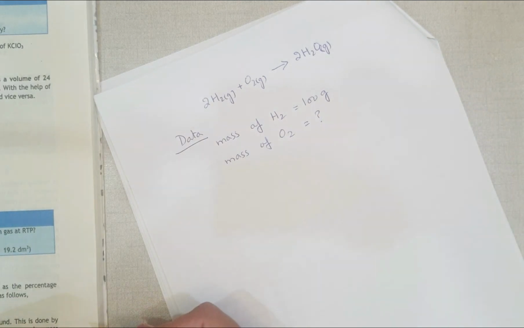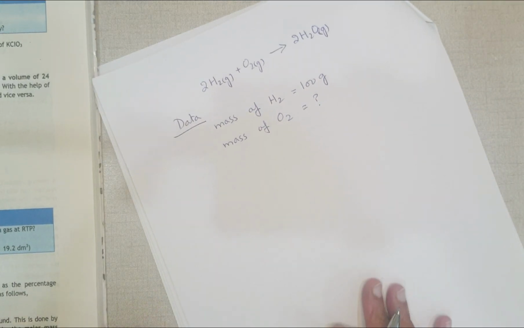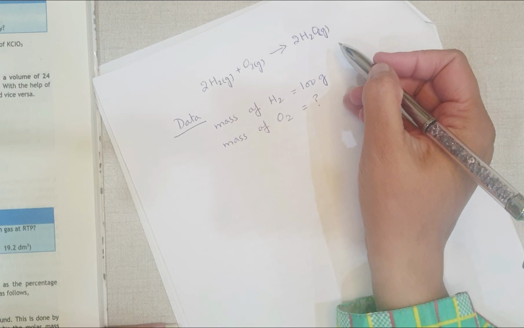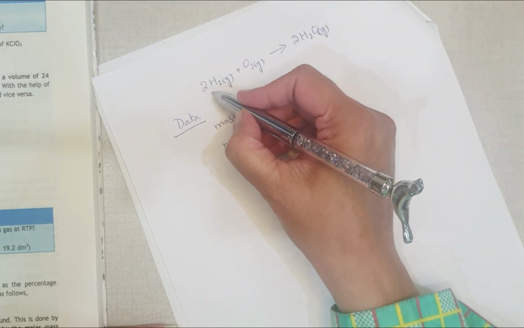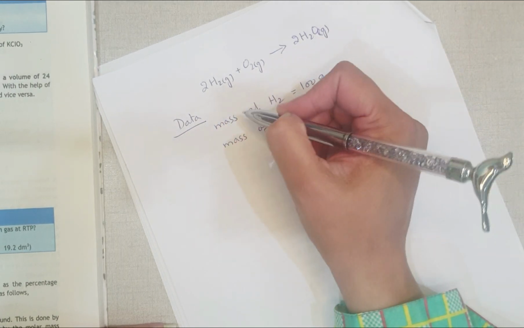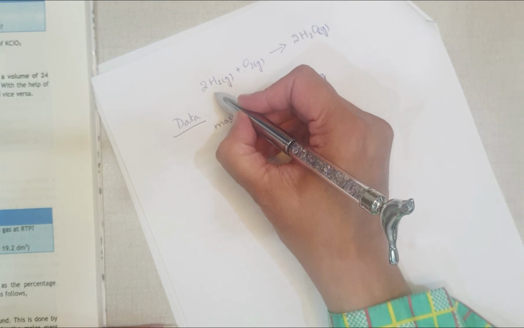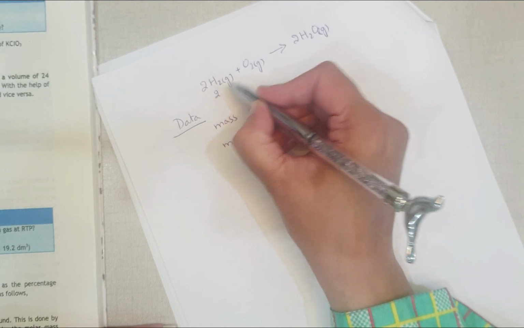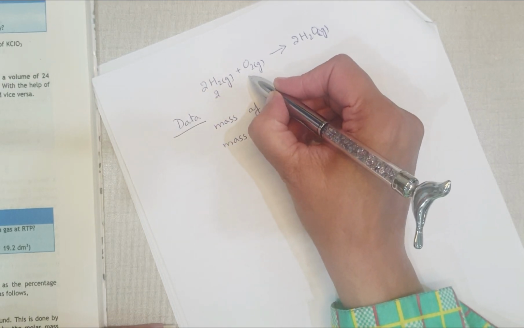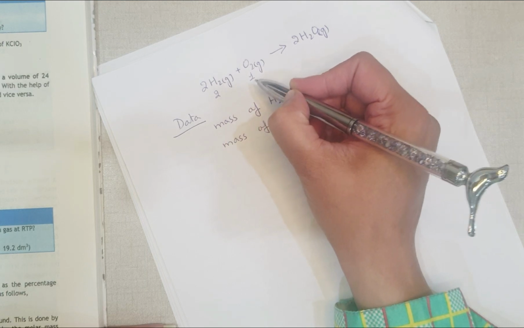grams of hydrogen completely. Now, as I've already told, according to the balanced chemical equation we are given the molar ratios, that for 2 moles of hydrogen we require 1 mole of oxygen to burn it completely.